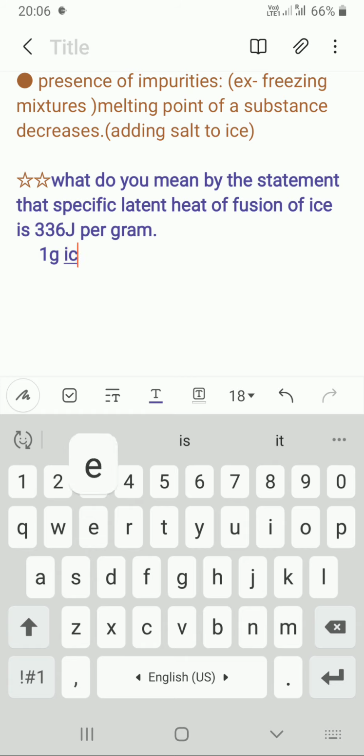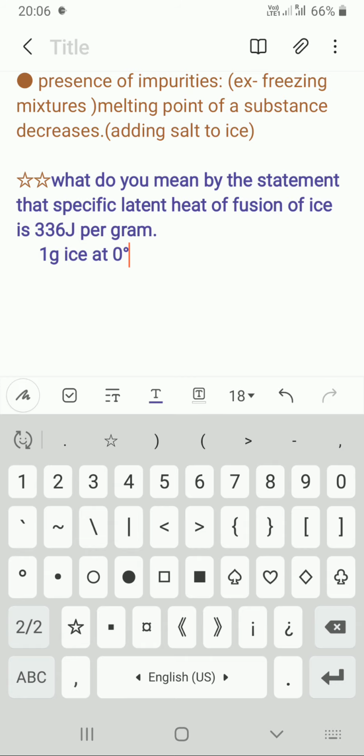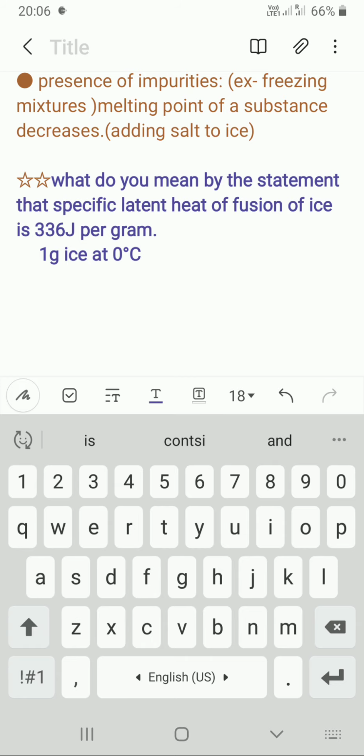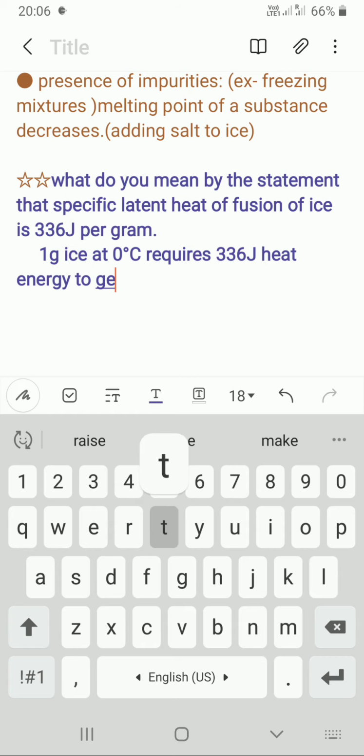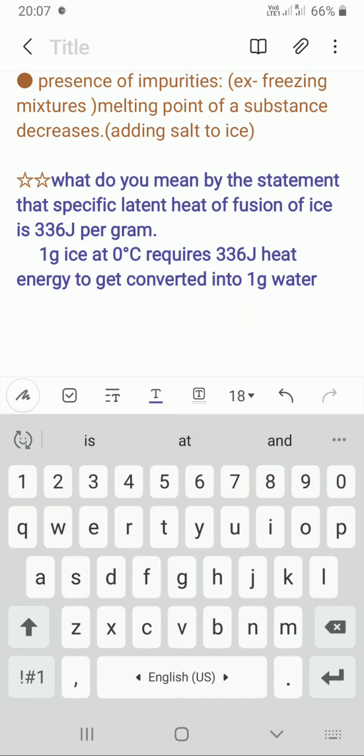So 1 gram ice at 0 degree Celsius requires 336 joule heat energy to get converted into, mass will remain constant definitely, 1 gram water at 0 degree Celsius, because temperature will remain constant at its melting point.